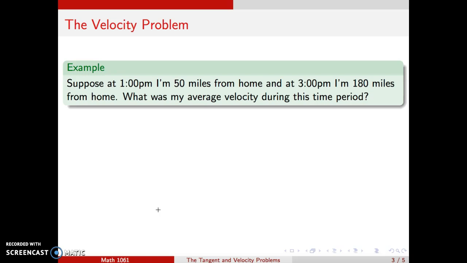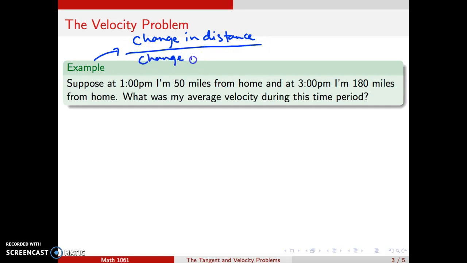So the example here, just to start with, was suppose at 1 o'clock I'm 50 miles from home, so I'm driving in a car, let's say, and at 3 o'clock I'm 180 miles from home, and we've got other hypotheses there, like moving in a straight line, but we won't get too hung up on it. The question is, what was my average velocity during this time period? Well, that's a quick one to figure out. My change in distance over a change in time is what I want to compute.